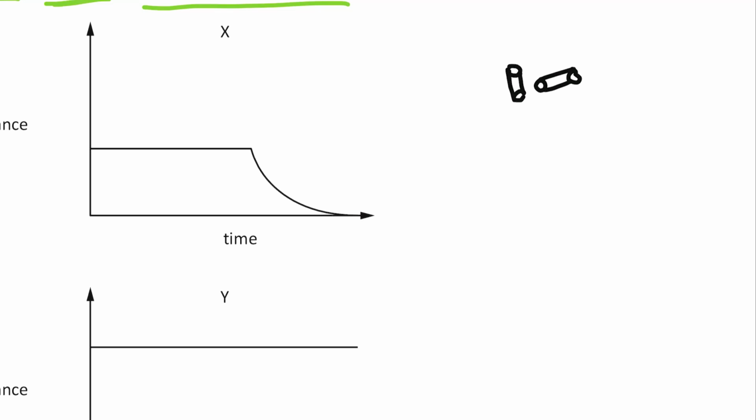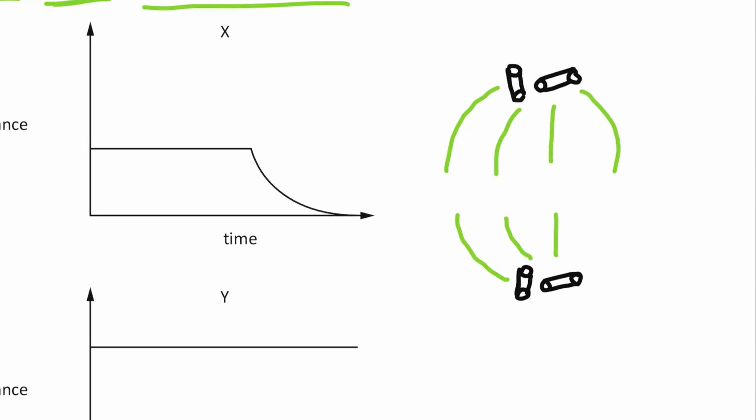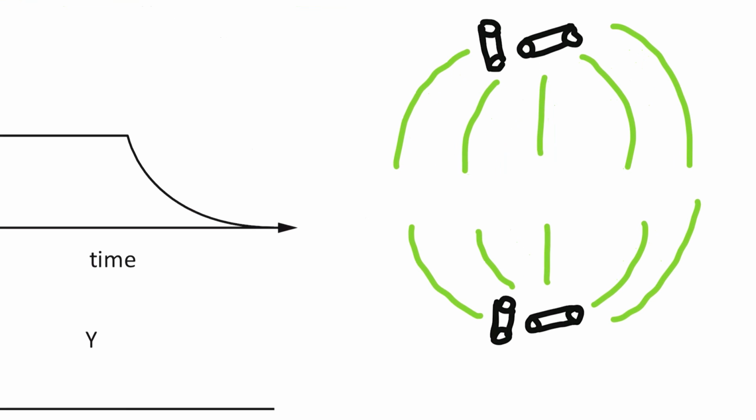During metaphase, the chromosomes align at the equator of the spindle, like this.